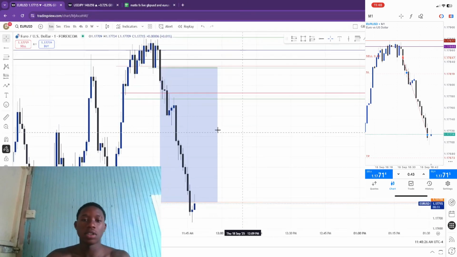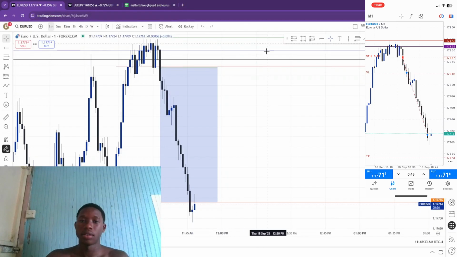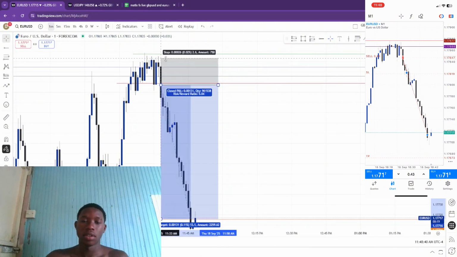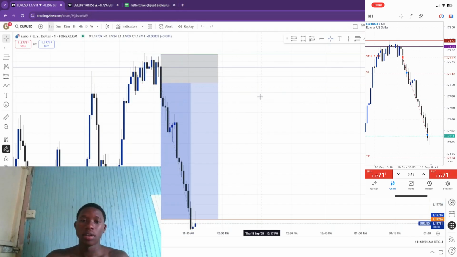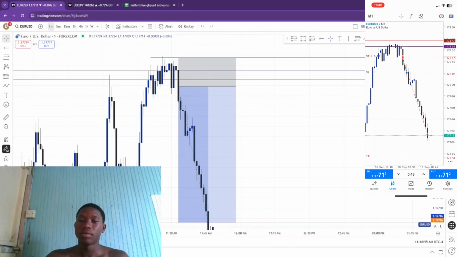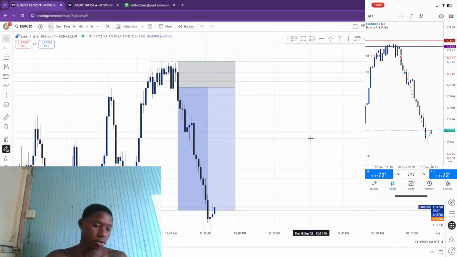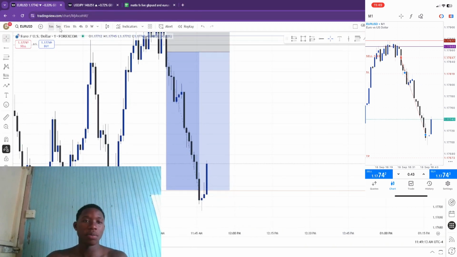Okay, so we move our stop loss to that high there. Okay, we see price coming back up after it swept that 5 minute low as expected.